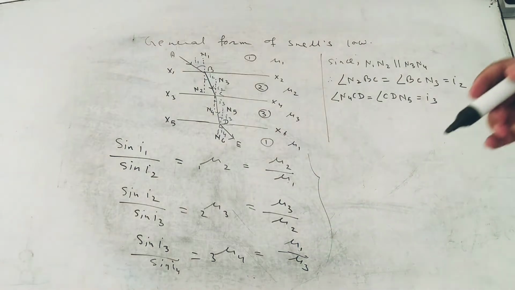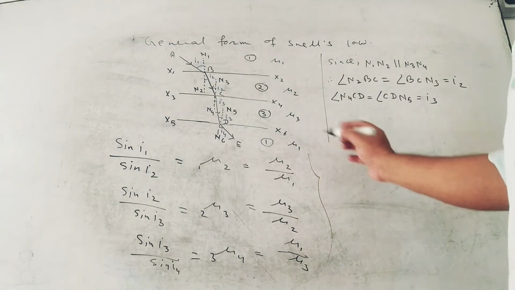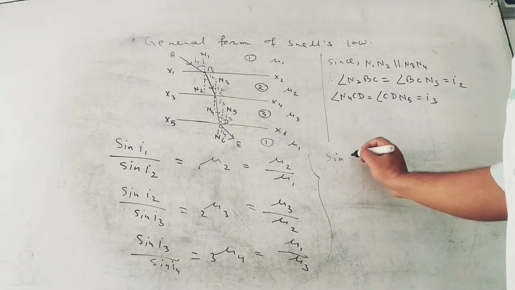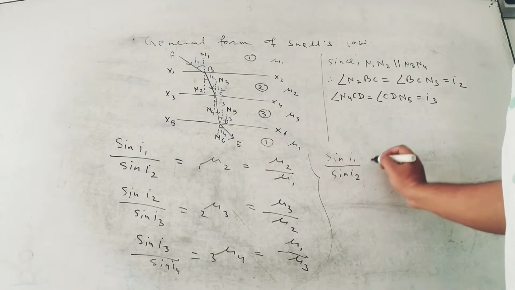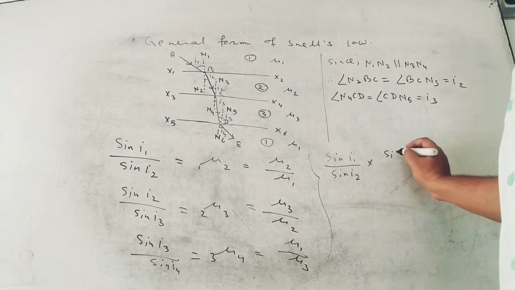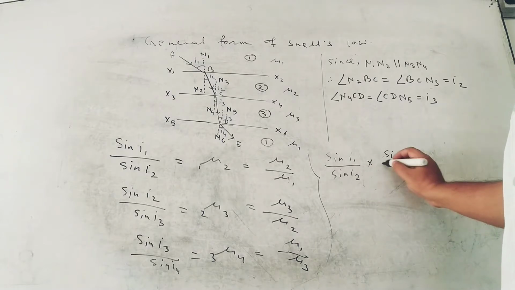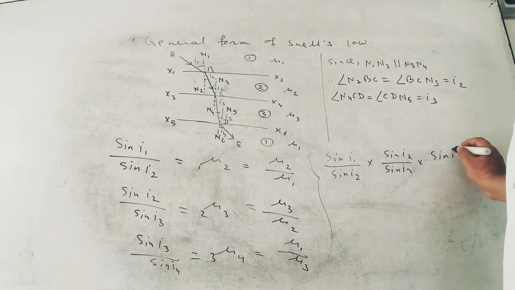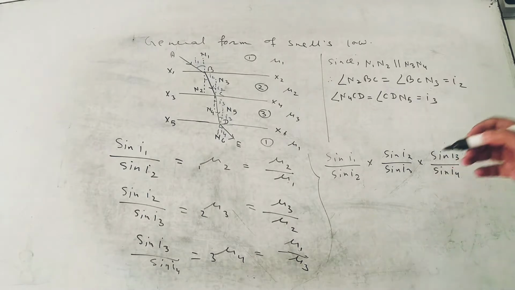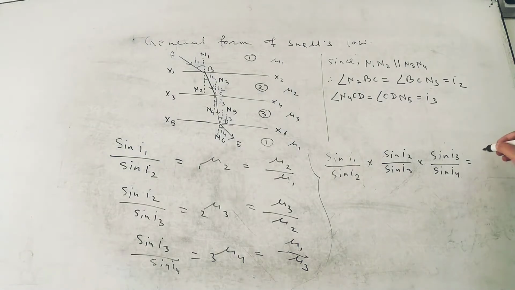Now multiplying these, we get sin I1 by sin I2 into sin I2 by sin I3 into sin I3 by sin I4 is equal to 1.